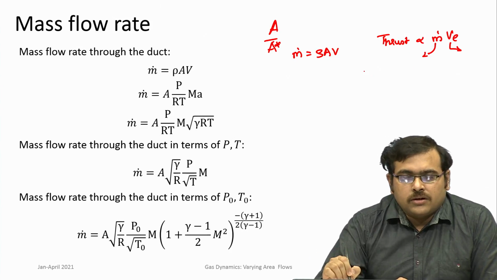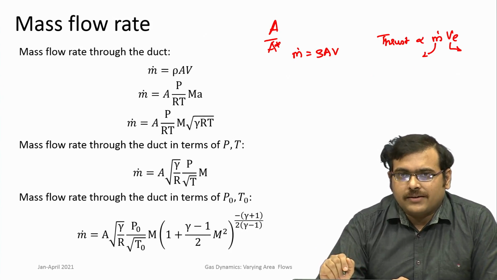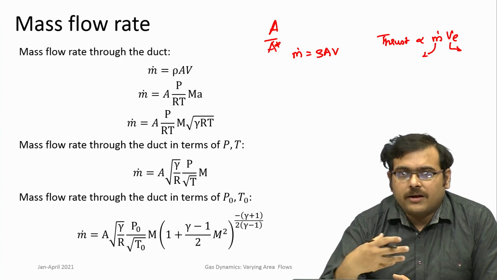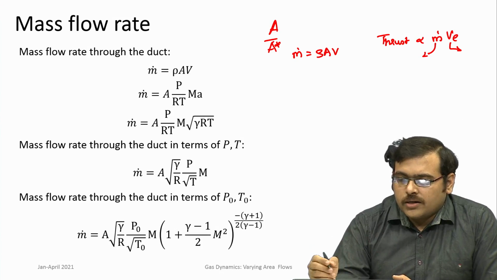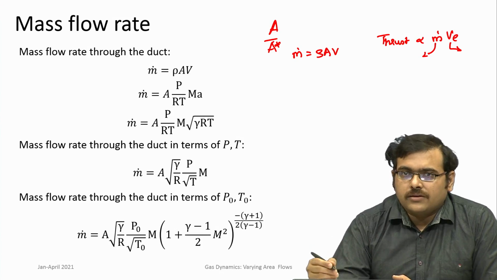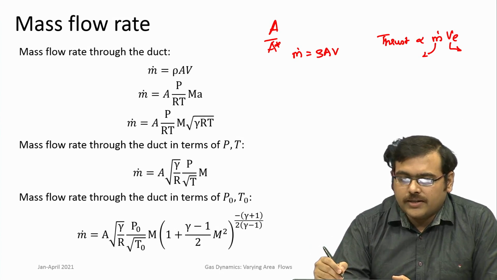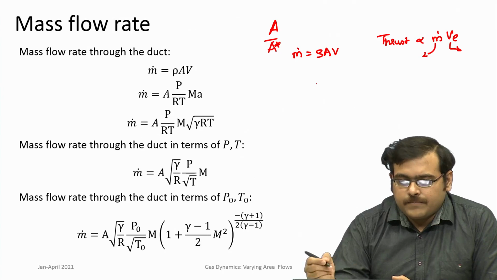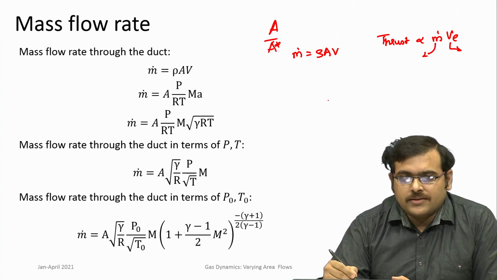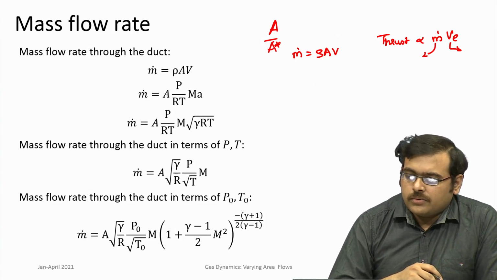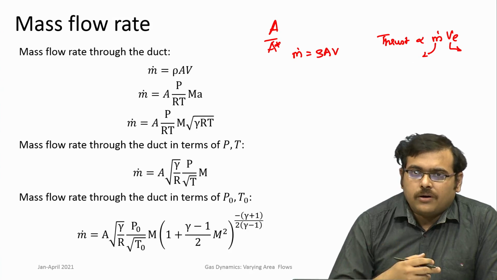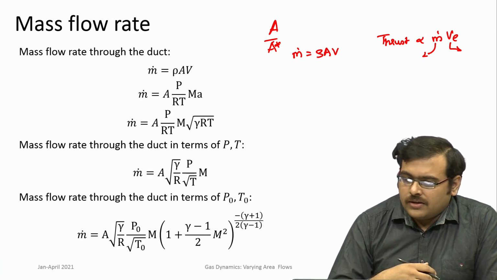Similarly, in applications like wind tunnels, you need to know what is the mass flow rate happening to the entire system. So, the calculation of mass flow rate is quite routine in engineering devices, and many different conditions may be known to you.